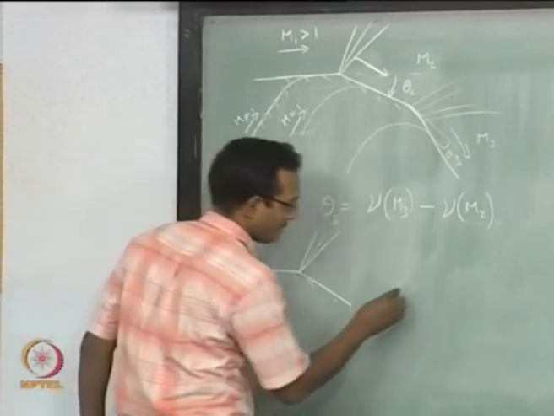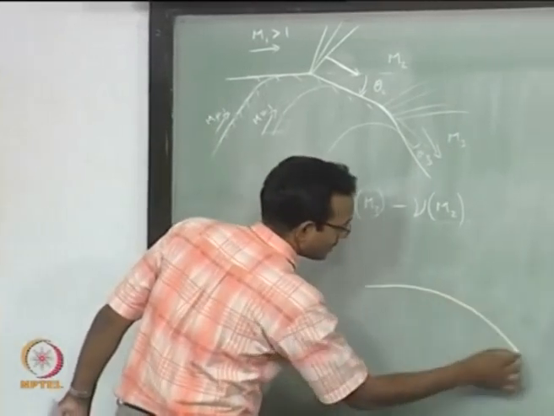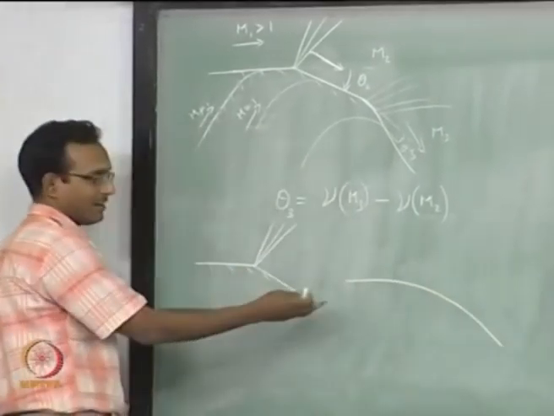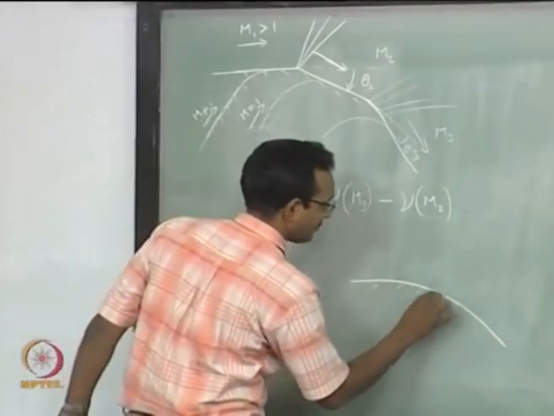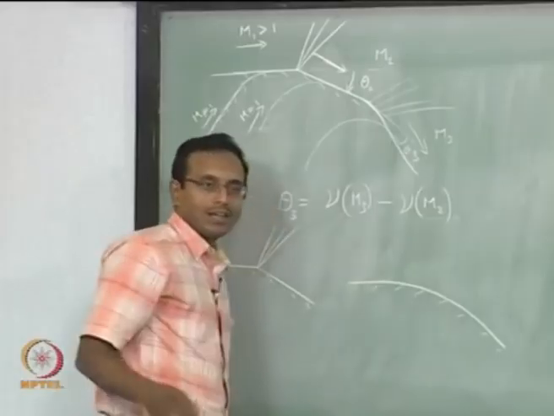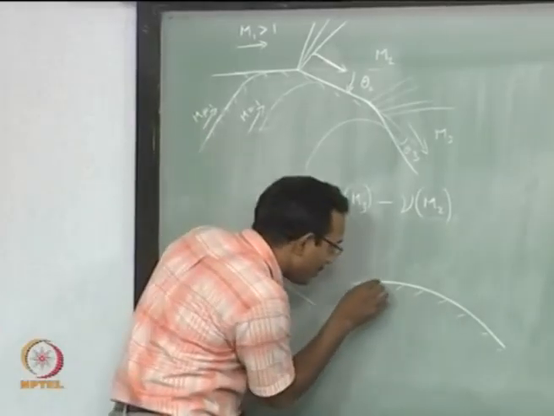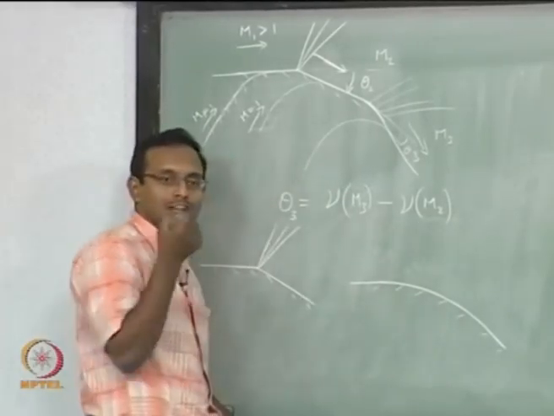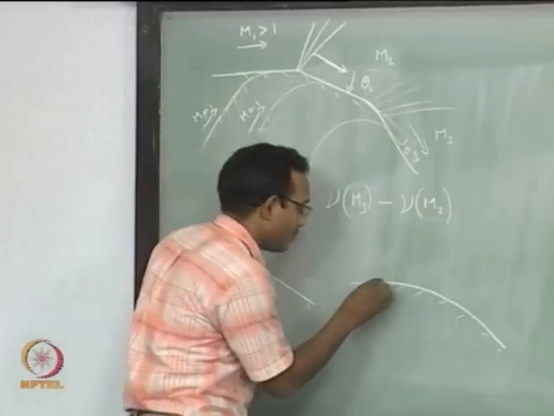If that is not the case and it is more like this, say the same angle deflection, then I can imagine this wall as a whole sequence of small deflections. For every tiny deflection there will be one expansion wave.